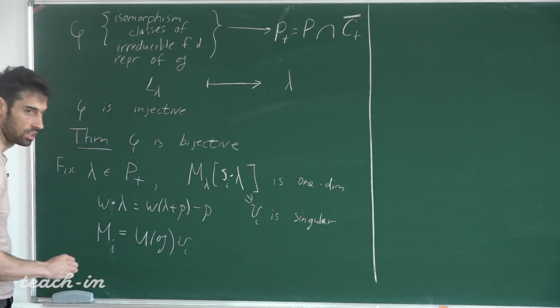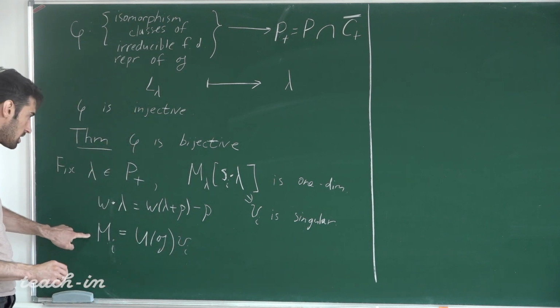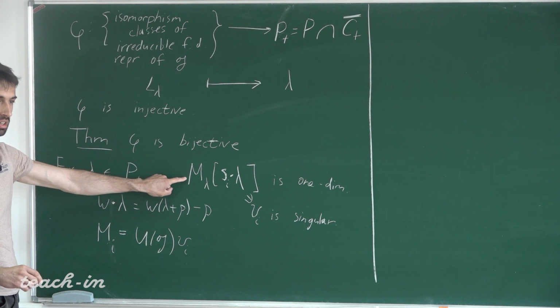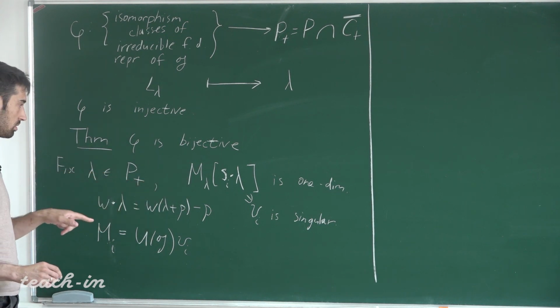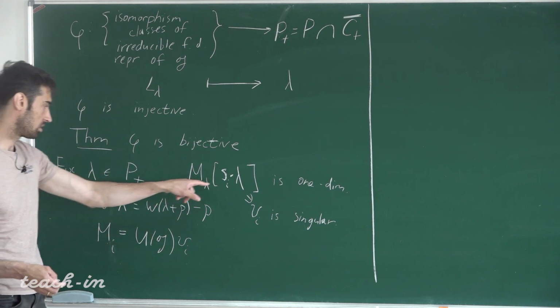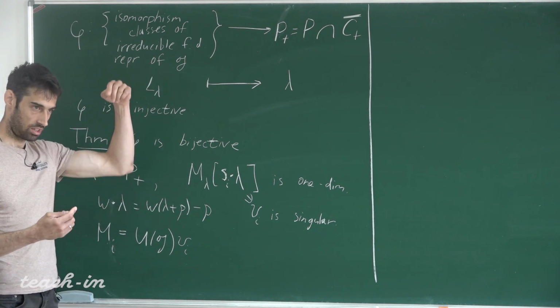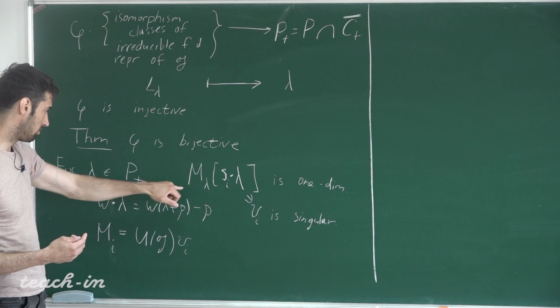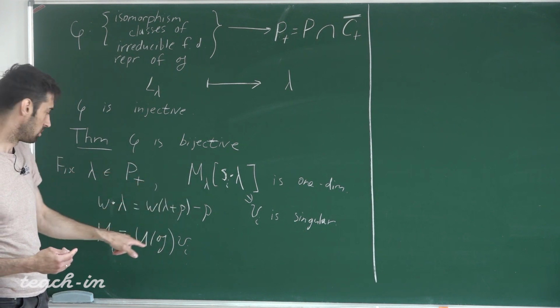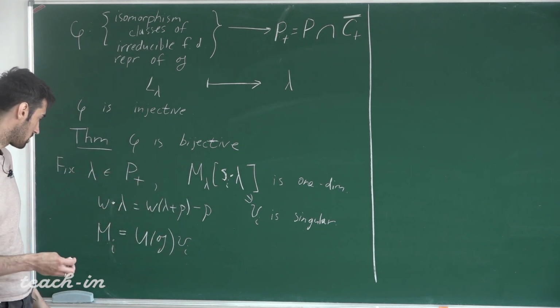So this is another notation. This is a submodule in M lambda. And this is a proper submodule because you never can get upstairs and get V lambda in here, right? So each of these modules is a proper submodule.